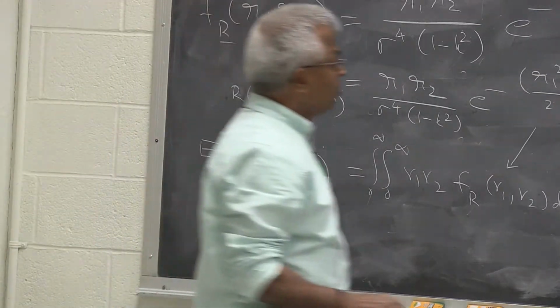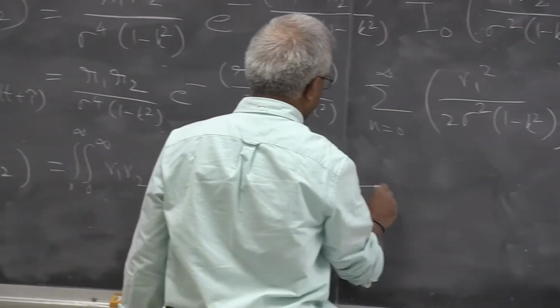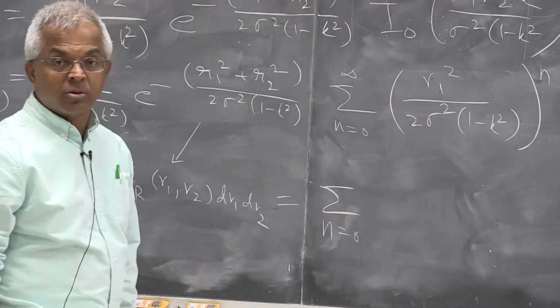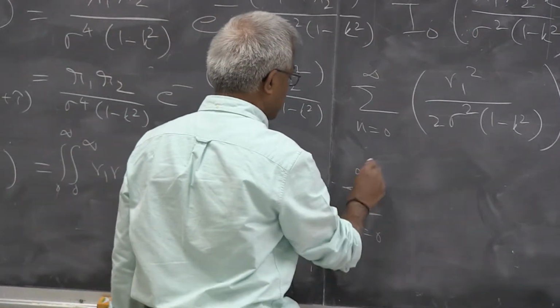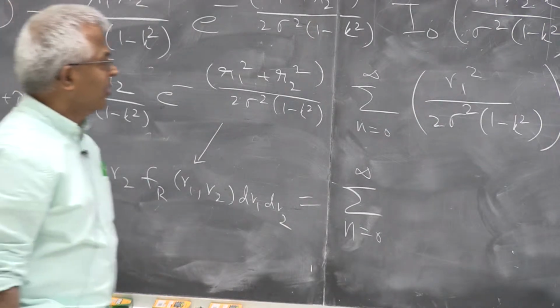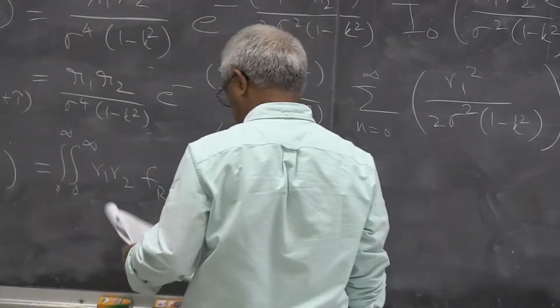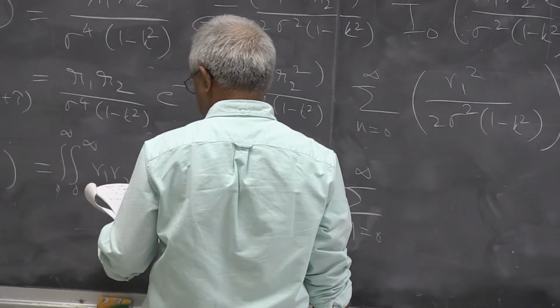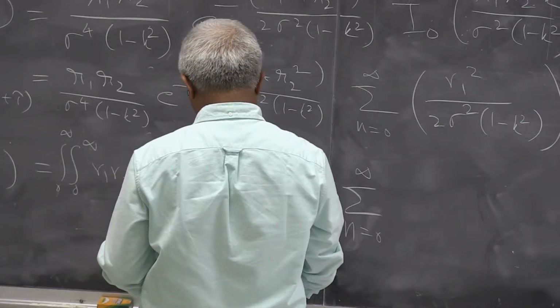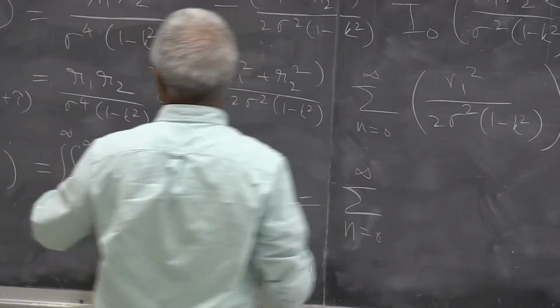So then this is going to read, I'm going to pull the summation outside: summation n equal to 0 through infinity. So this R1 R2 is multiplied by R1 R2.